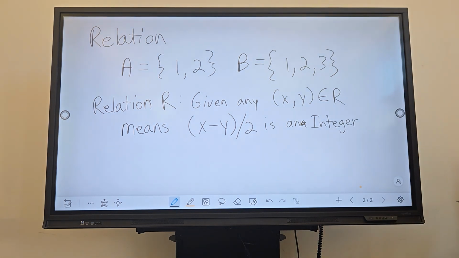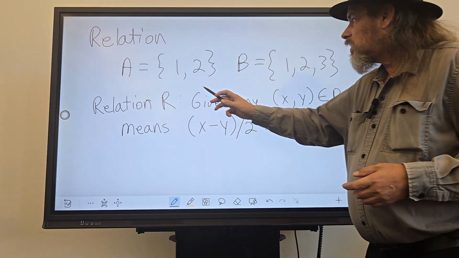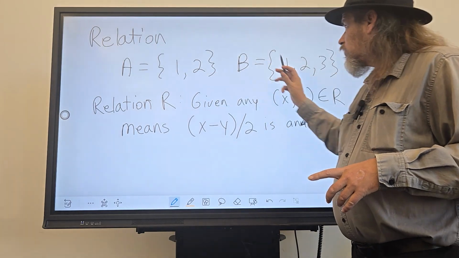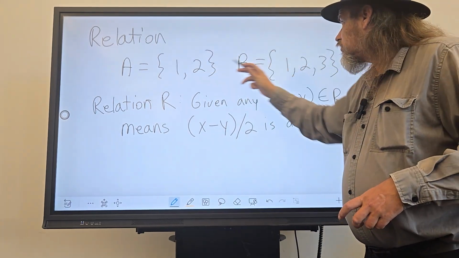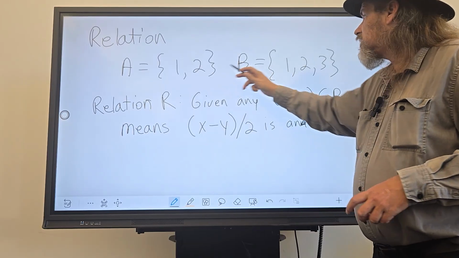First, what are the ordered pairs in the Cartesian product of A with B? I'm not going to write them all out, but (1, 1), (1, 2), (1, 3), (2, 1), (2, 2), and (2, 3).